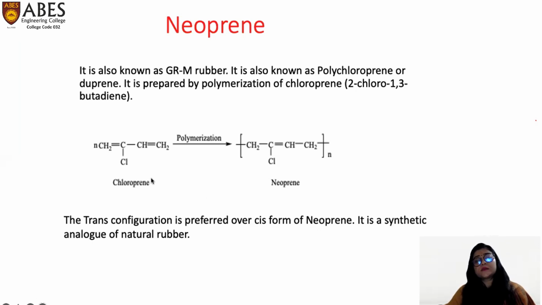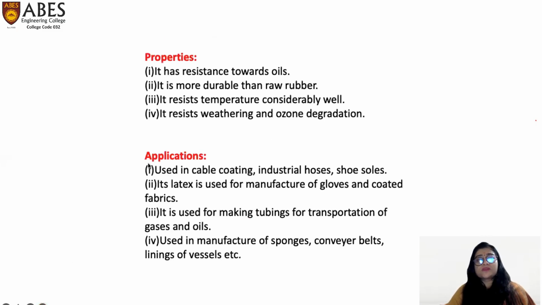It occurs in an emulsion polymerization system in the presence of a peroxide initiator, bringing about addition polymerization, where all these chloroprene units just add to give a neoprene molecule. The properties are that it has resistance towards oil, it is more durable than raw rubber, it resists temperature considerably well, and resists weathering and ozone degradation too.